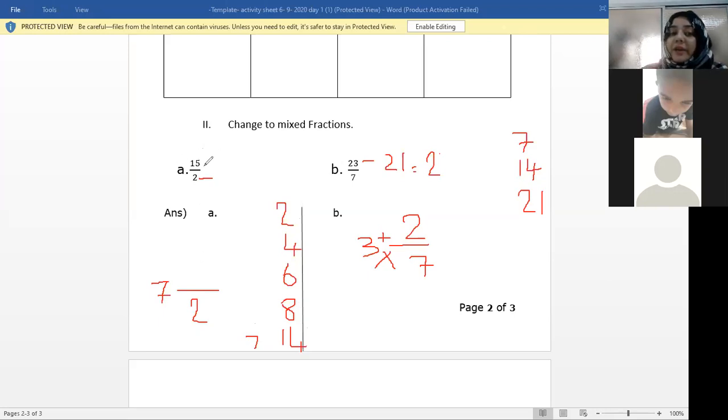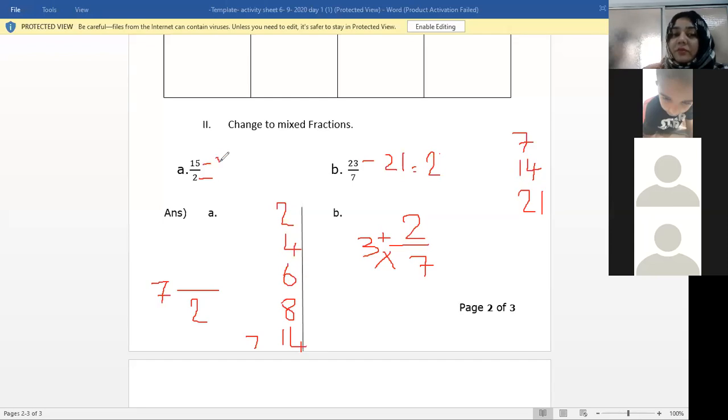From this numerator, you will subtract this answer, 14. Sorry, I am not able to write it. So 15 minus 14 is 1. Equal to 1. This one will come here. Okay? We have got this one.